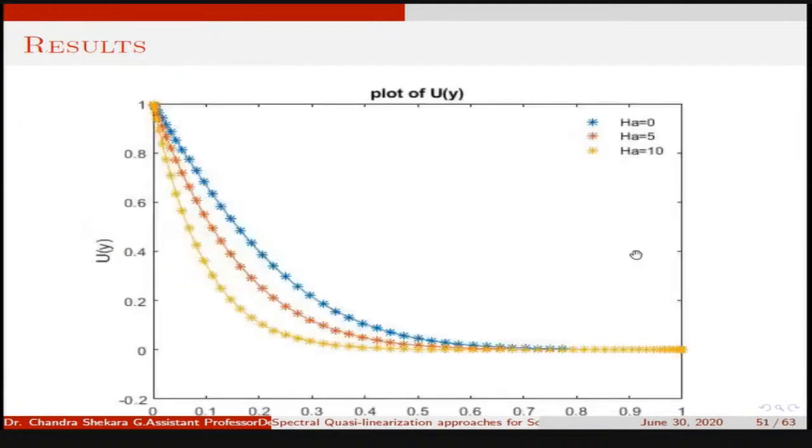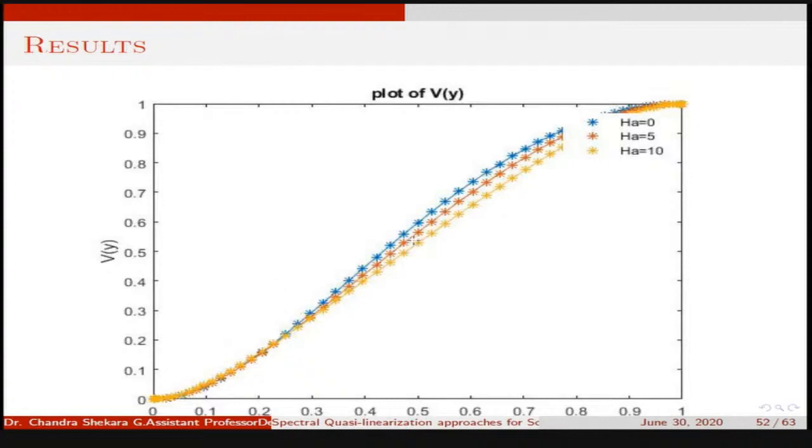And this is the temperature profile for different values of the Hartmann number, and this is the velocity profile for different values of the Hartmann number. So again I am saying that this collocation method or pseudo spectral method matches very well for solving boundary value problems.